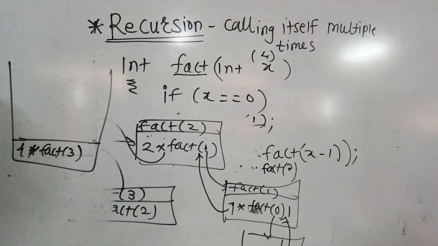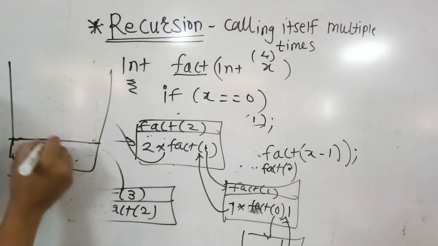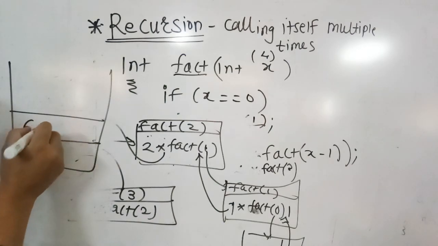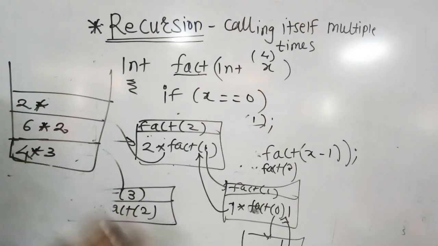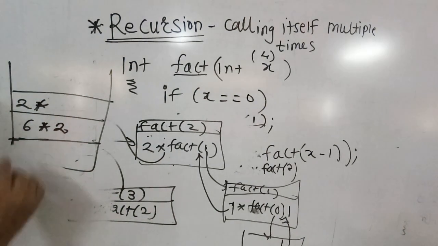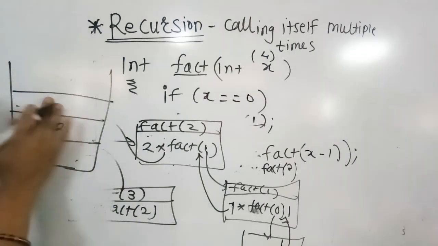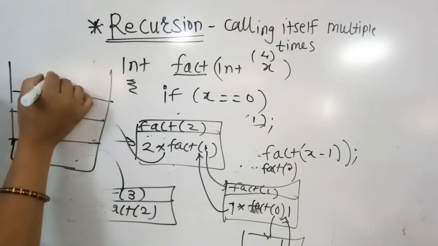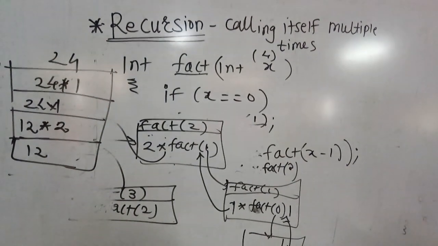At the next step, 6 into 2, and again 2 into 4 into 3 is 12. Again, 12 into 2 is 24, 24 into 1 is 24, and again 24 into 1 is 24. So this is the final answer of the recursion, showing how one recursive call accomplishes its task with the help of a stack mechanism.